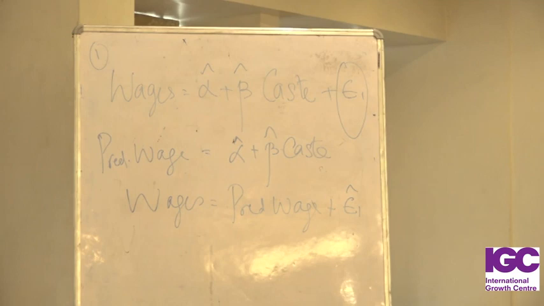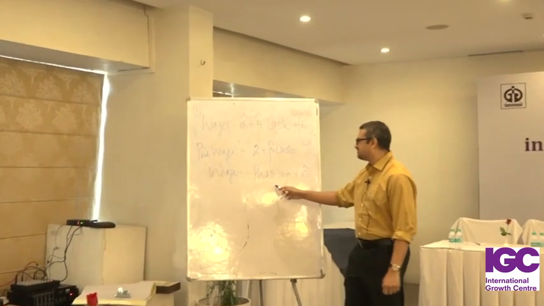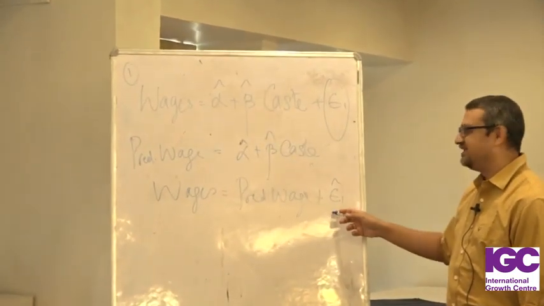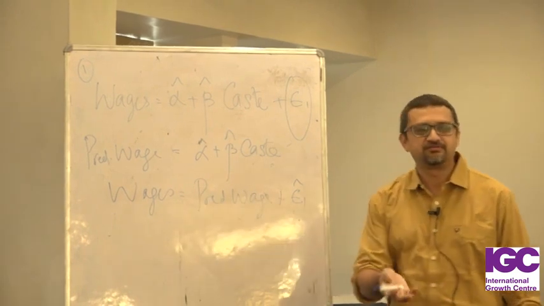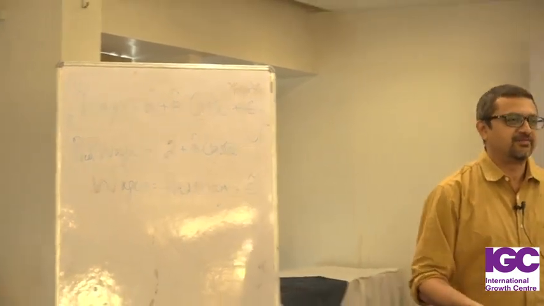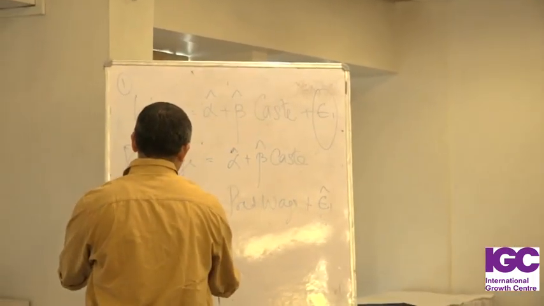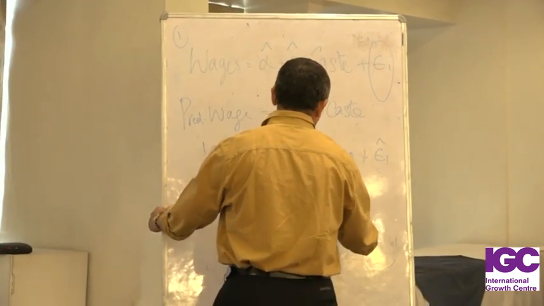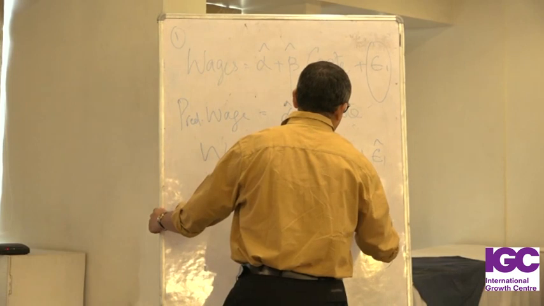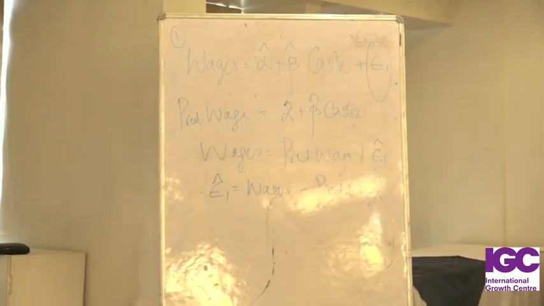So remembering that is very important. Okay. So there is wages, there is predicted wages from caste, and then what you cannot predict, right? The amount of wages of each person that cannot be predicted by his caste. Okay. All right. So another way to think about it is this part is just the actual wages of people minus the part that you can predict using caste. Equivalent statement.